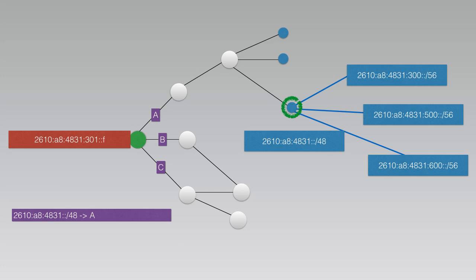Our node over on the left has a 48-bit network, 2610:00A8:4831. Anything that starts with those 48 bits gets sent to Ohio University. And at Ohio University, we then subdivide that block into smaller subnetworks. So that's all good.